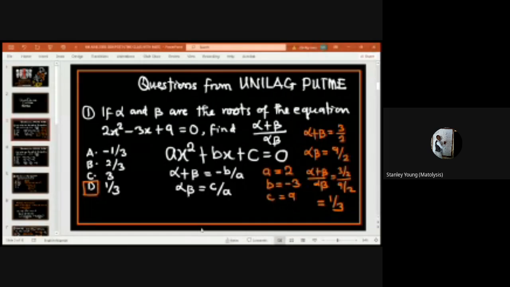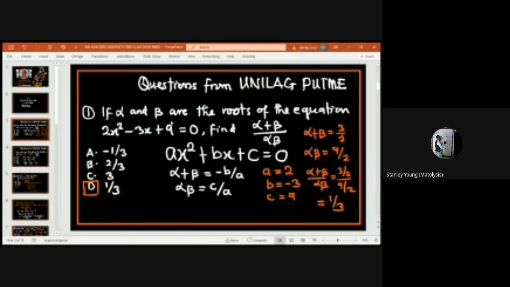So this particular question asks for alpha and beta, roots of the equation 2x squared minus 3x plus 9 equals 0, and asks us to find alpha plus beta divided by alpha beta. The first thing you need to know is the expression for alpha plus beta and the expression for alpha beta.